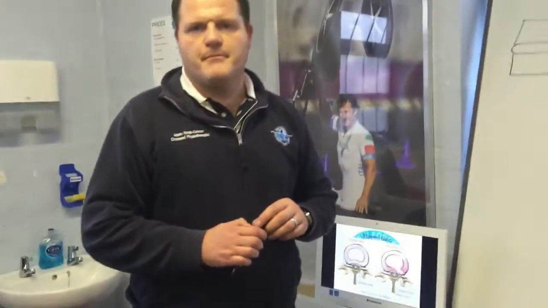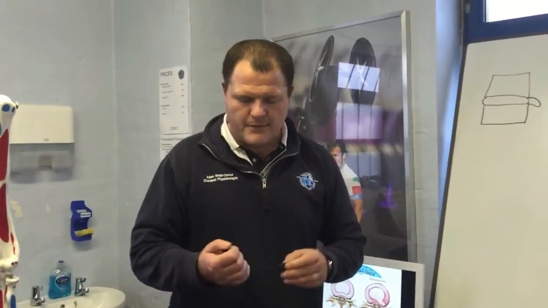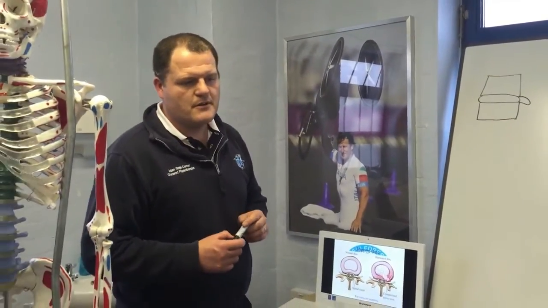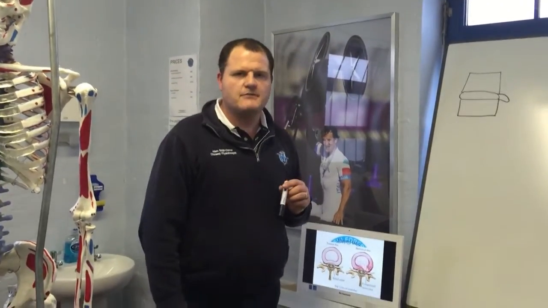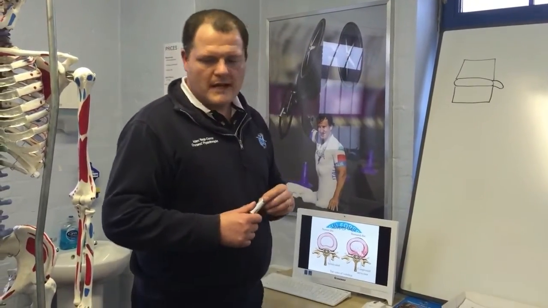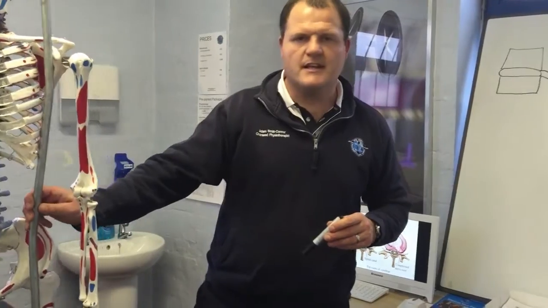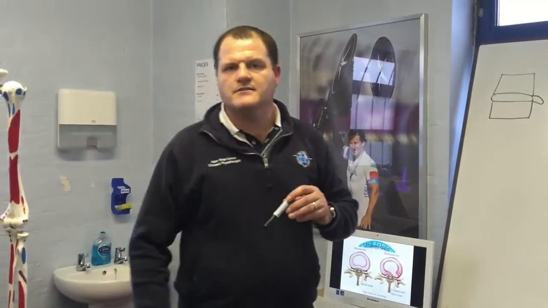The next cause of back pain, I mean, there are other causes, by the way, but what we're concentrating on in this video series, I'm covering here. The other causes we're not covering. So the other cause of back pain is degenerative. So as we get older, the discs dehydrate.